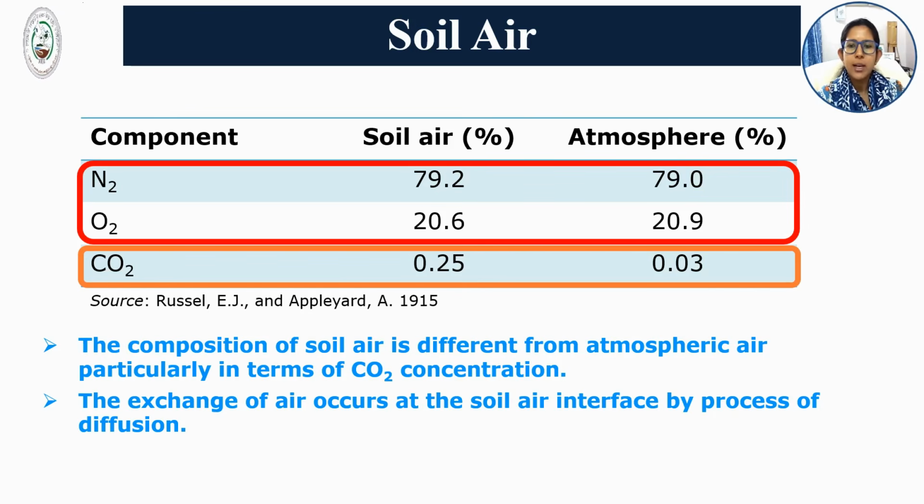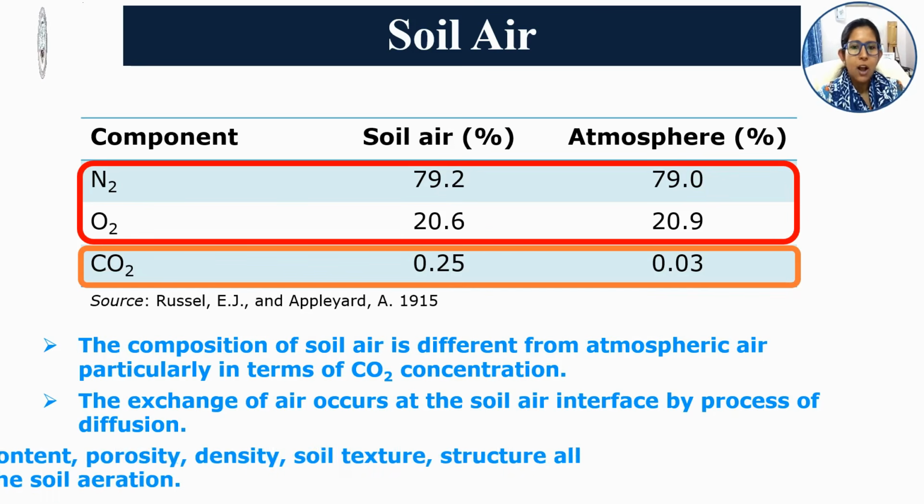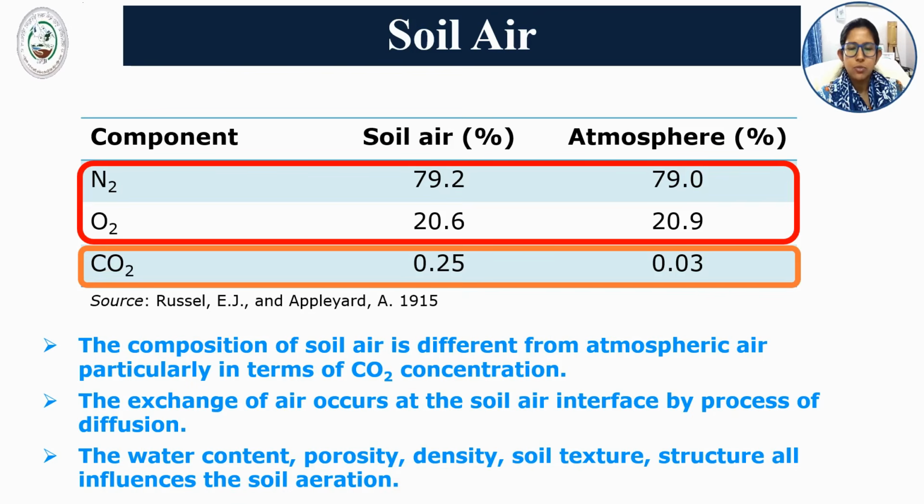If the soil becomes saturated with water for a prolonged period of time, the availability of oxygen is reduced or becomes zero, and it becomes a reduced condition within the soil system, which hampers root growth as well as the growth of microbes.